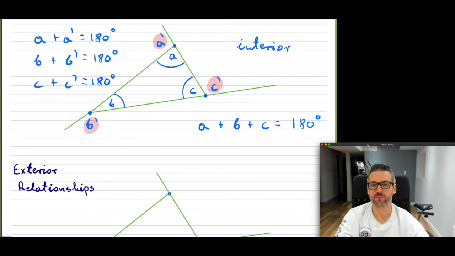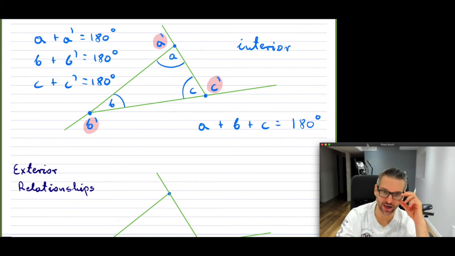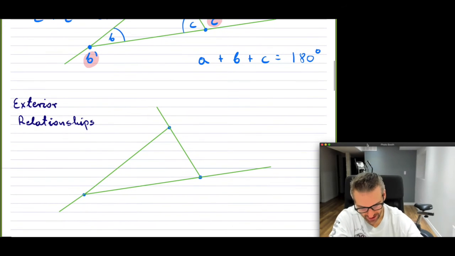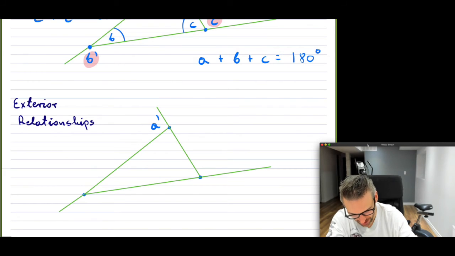And there are some nice relationships for exterior angles as well. Just as the interior angles have a relationship, A plus B plus C equals 180 degrees, we also have a nice relationship between A prime, B prime and C prime.